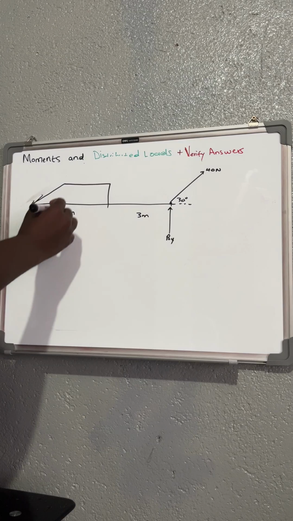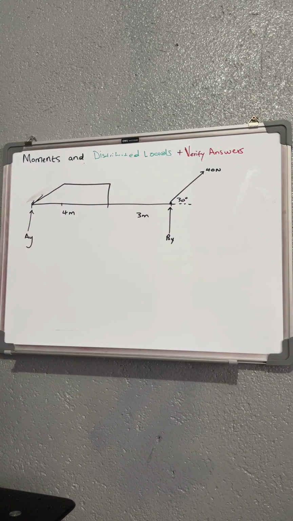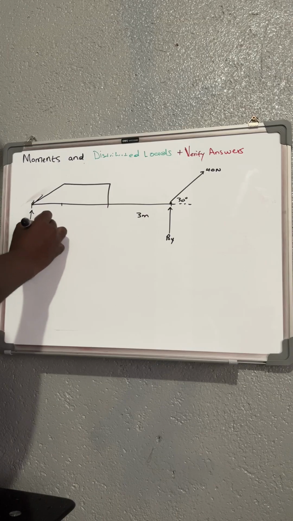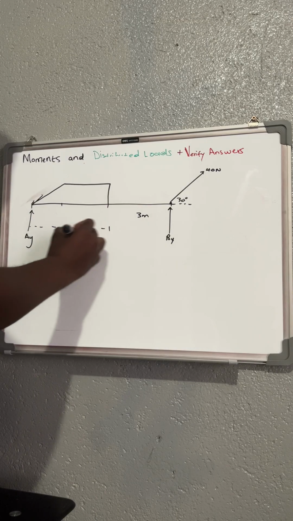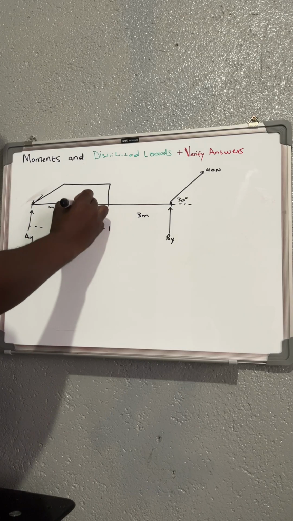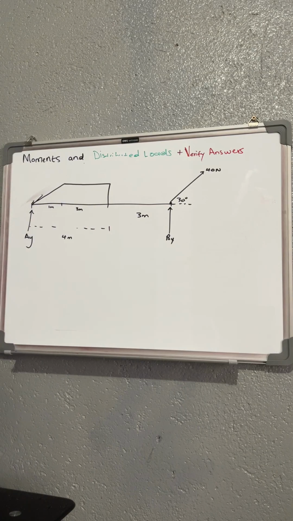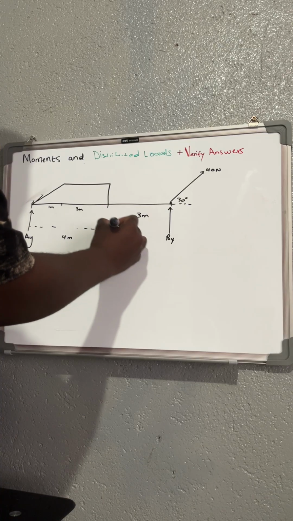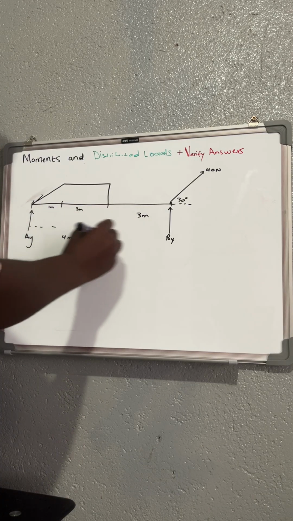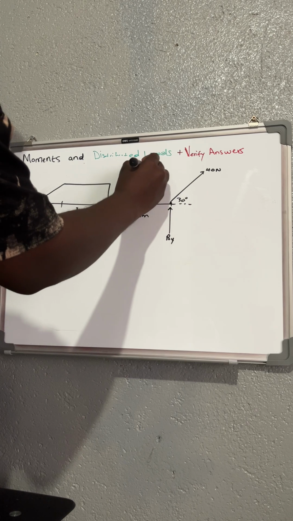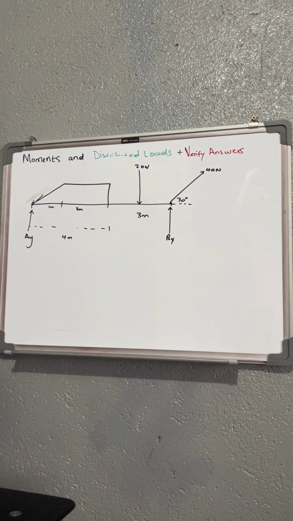Then they just show you that, okay, somewhere along here, remember from here to there it's your 4 meters, but here it's your 1 meter, then here it's your 3 meters. Then this side it's 3 meters. Between the 3 meters they put that 20 Newton.